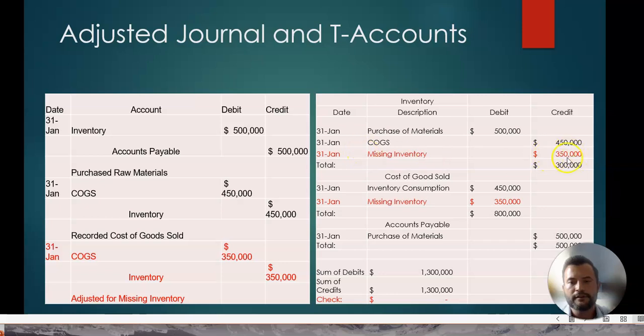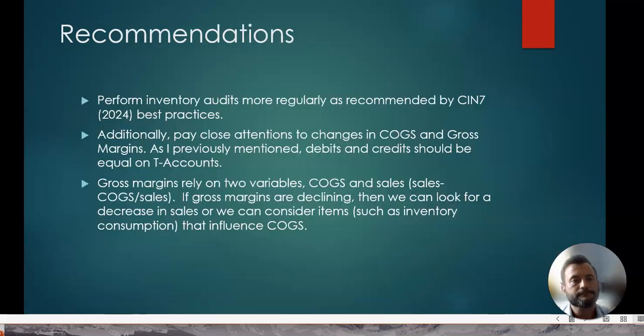We added an additional $350,000 credit to our inventory account, and we made an additional debit to our cost of goods sold account. And down here you'll notice, according to the matching principle, the sum of our debits equals the sum of our credits. This indicates that this information is for the most part accurate.